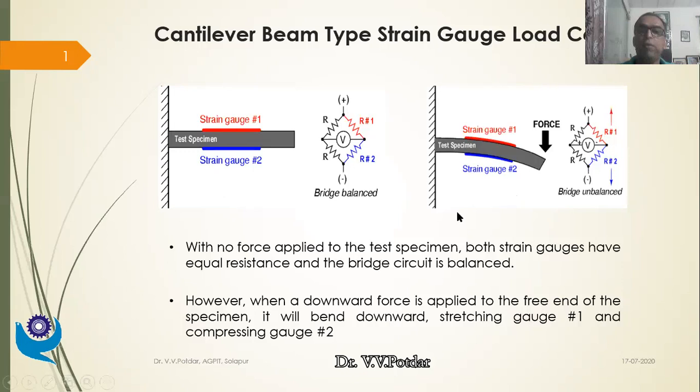When a downward force is applied to the free end of the specimen, it will bend downward, stretching gauge 1, that is subjecting gauge 1 to tensile strain, and compressing gauge 2. So I'll have compressive strain at the bottom surface. This is how this cantilever beam type strain gauge load cell can be used as a force transducer.